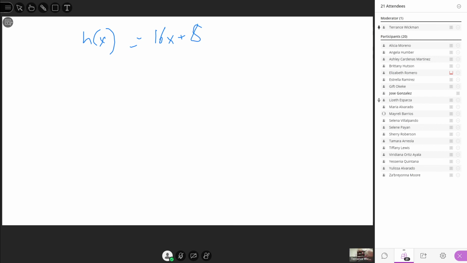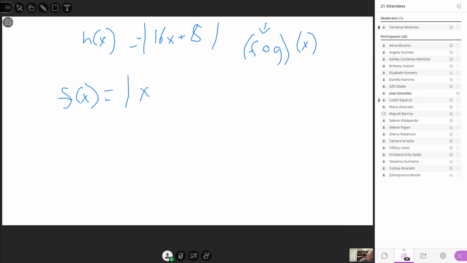Now, they want us to divide this into 2 functions. They want an f function of a g function. That means you have one equation called the f equation. The f equation is used to create what you see on the left by plugging in the g equation. So the f of x equation is equal to simply this.